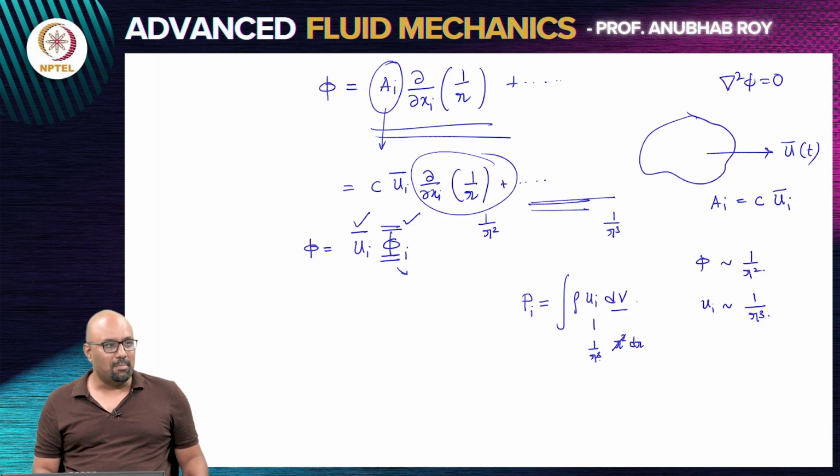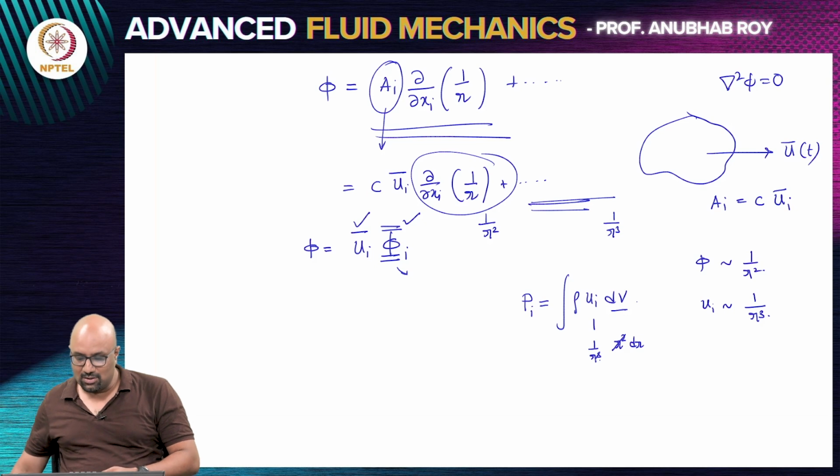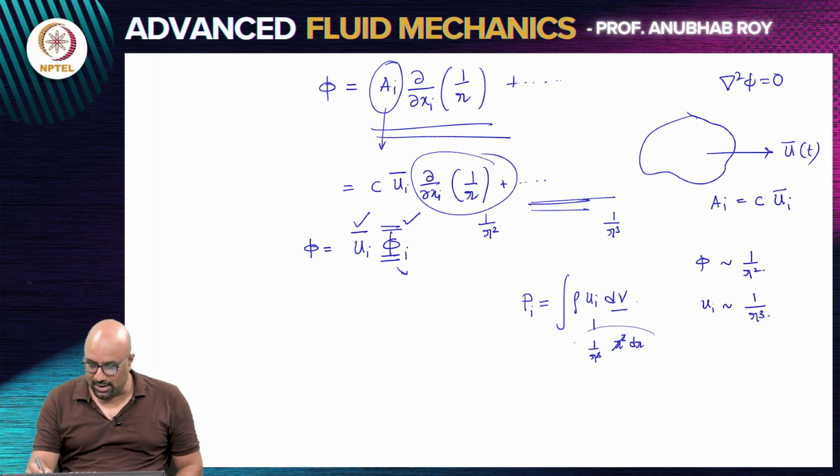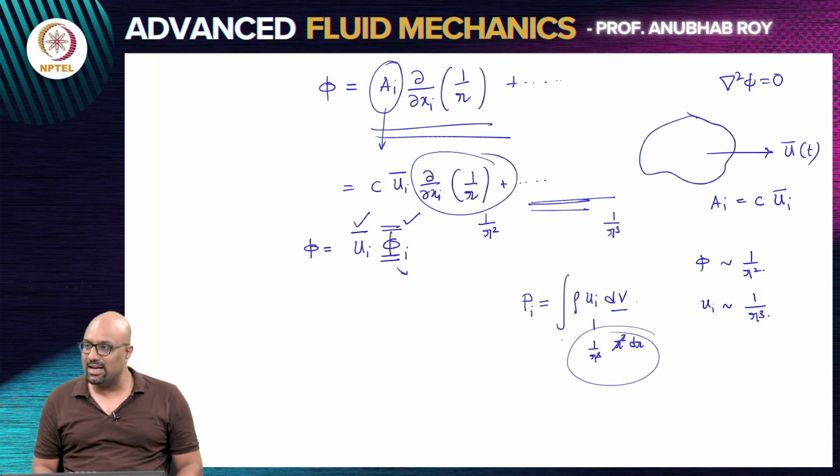So, it is a bit of a mess, in a sense that it depends on how you have defined your outer region, outer boundary. This integral can become, so what is dr by r? Log r. So, you can get a divergent answer, it depends on how you have defined your domain.